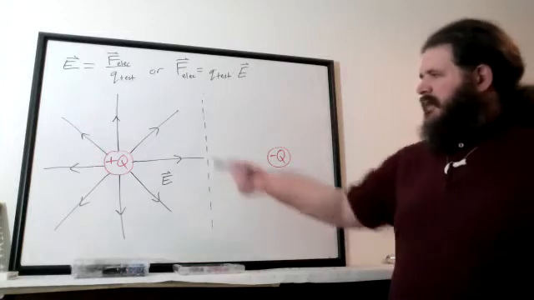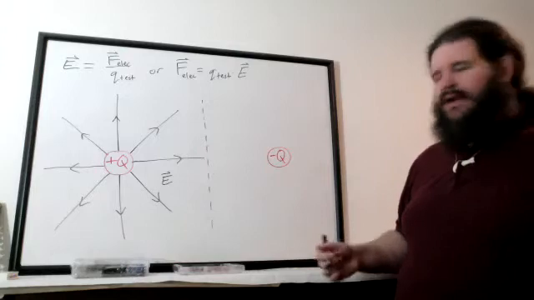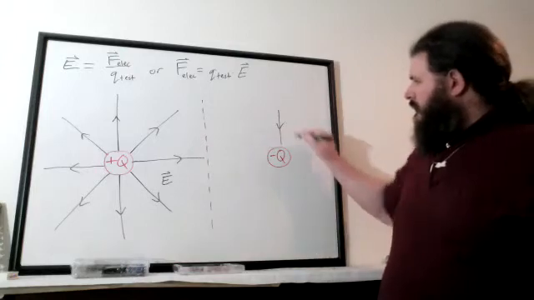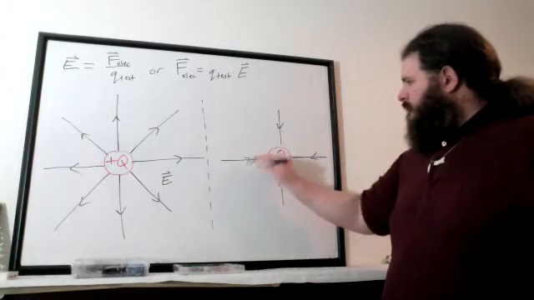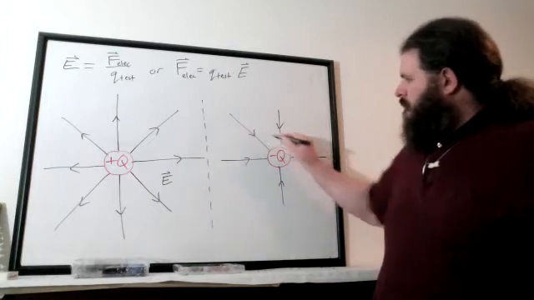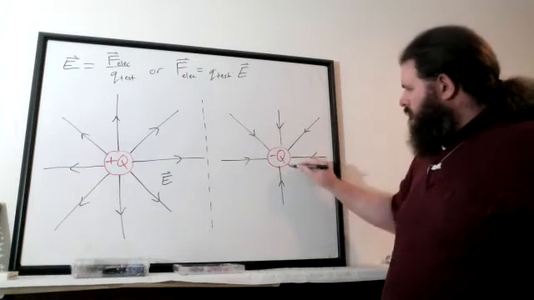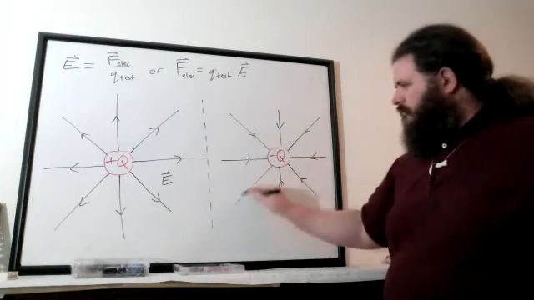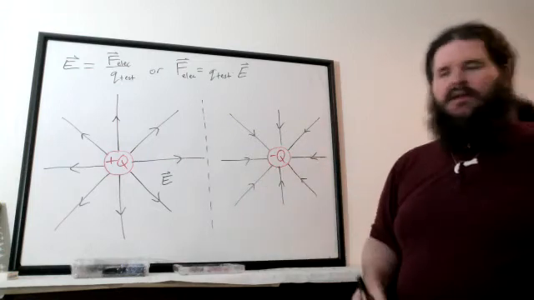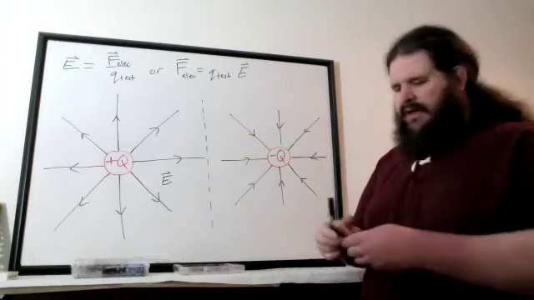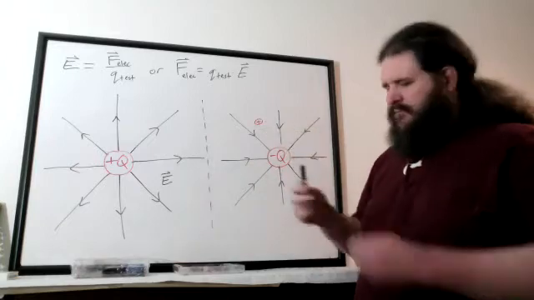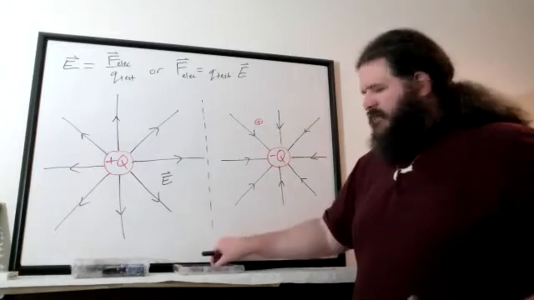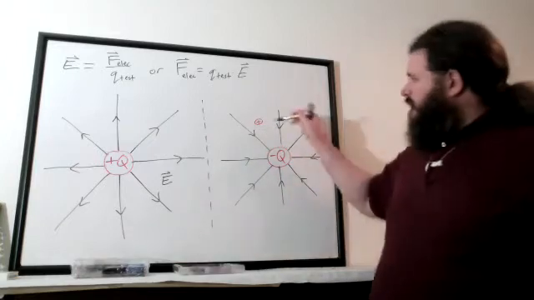Yeah, we're going to have the same general shape, but all pointing inwards instead of outwards. So looking something like this. Because again, if you imagine putting a small positive test charge nearby, that's going to experience a force. In this case, it would be an attractive force.